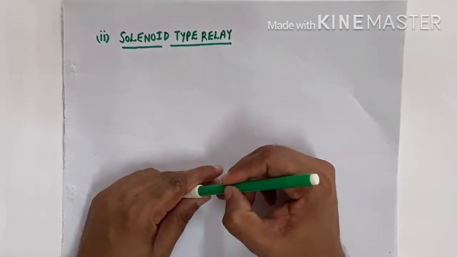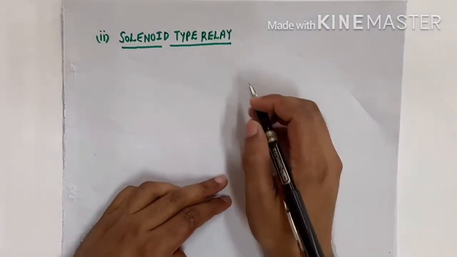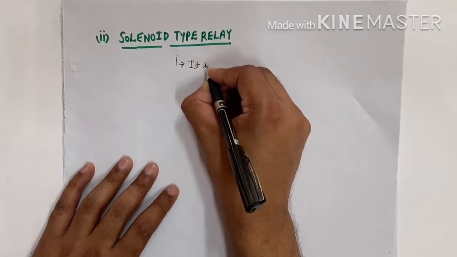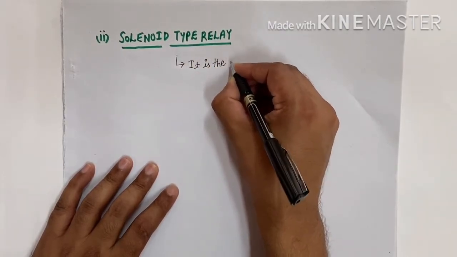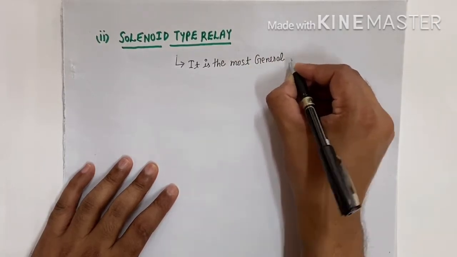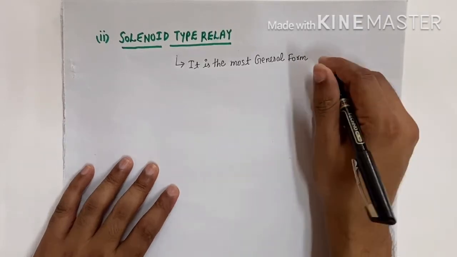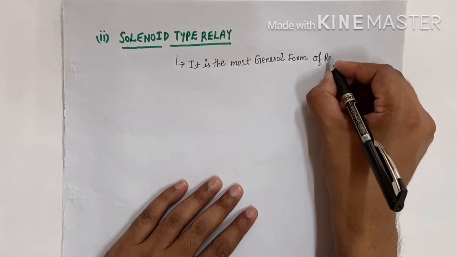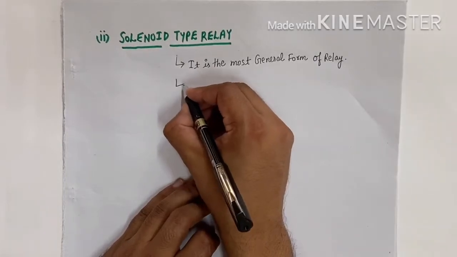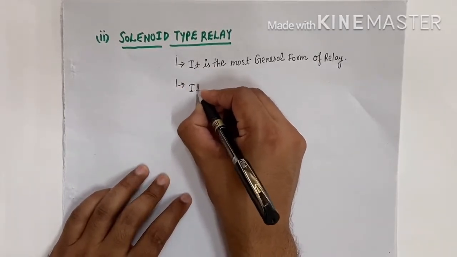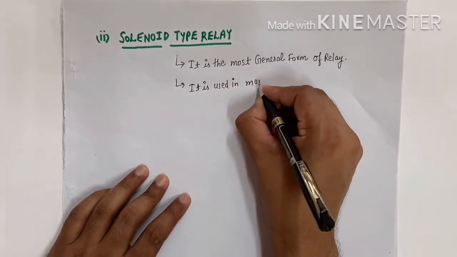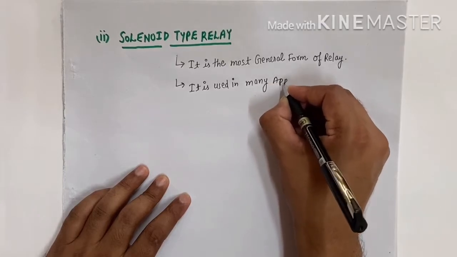So in the solenoid type relay, you see it is the most general form of relay. Okay, it is used in many applications.